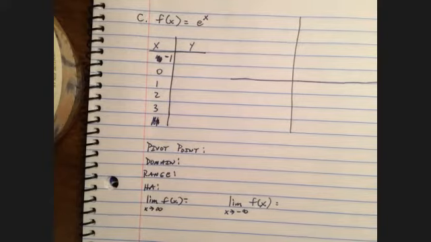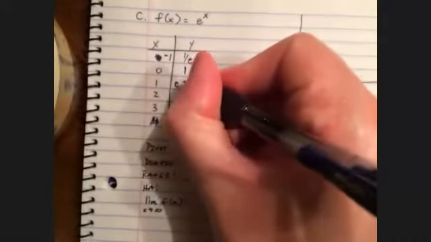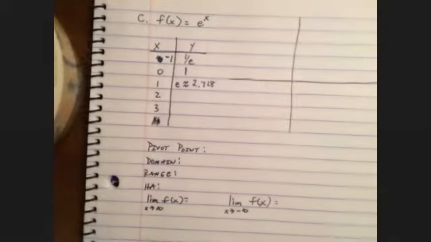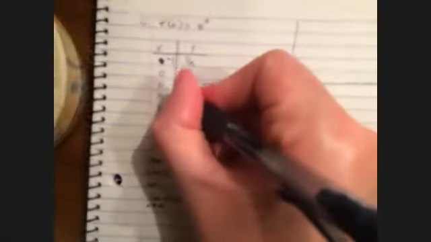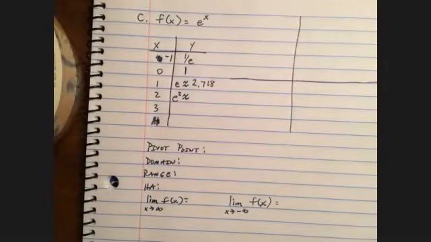If you were to plug in -1, you would get e to the -1, or 1 over e, and then e to the 0 is 1. e to the first is e, which is approximately 2.718. And then we'll have e squared, which is approximately 7.389.